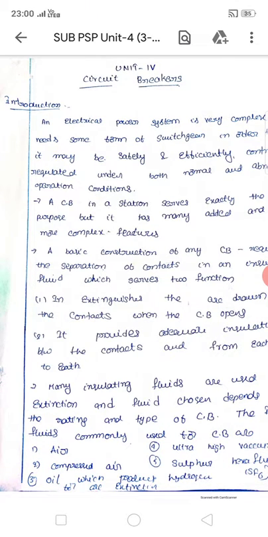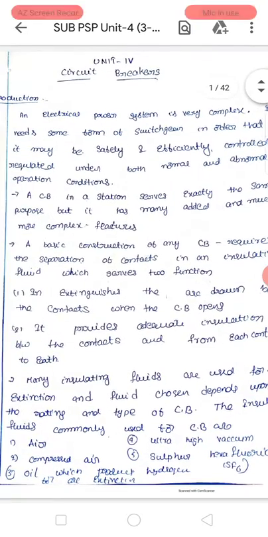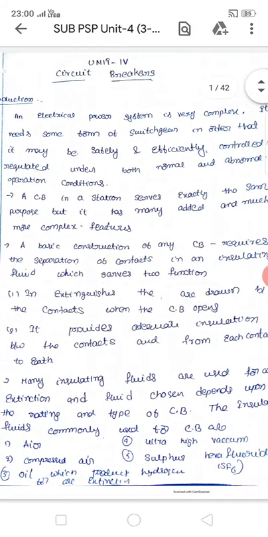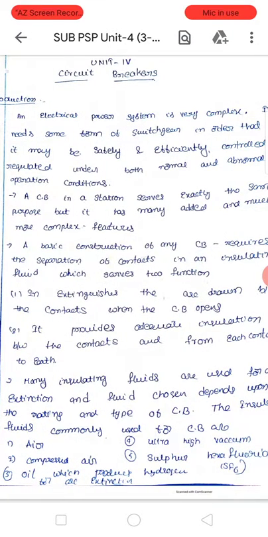A circuit breaker in a station serves exactly the same purpose, but it has many added and much more complex features. Another equipment also exists, but we choose circuit breakers because of these complex features.